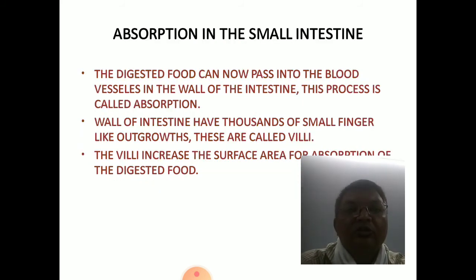See here. Digestion, then absorption, and finally egestion. So these four points you have to remember: ingestion, digestion, absorption, and egestion. Okay, so this one is about the digestion process in human beings.